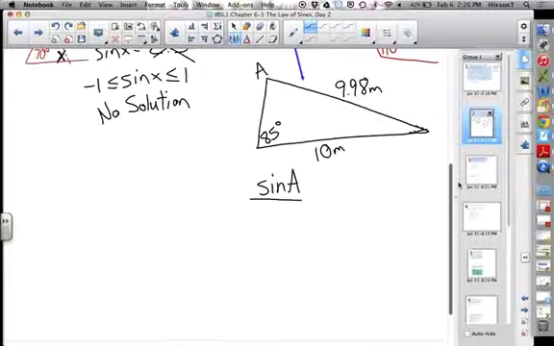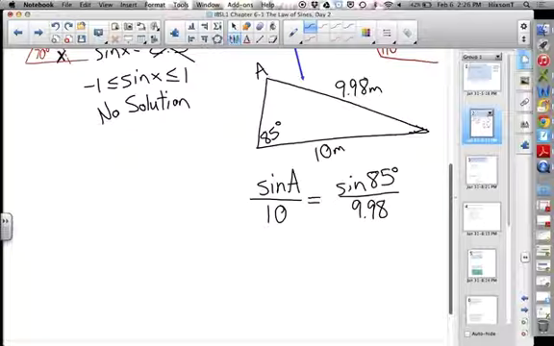And that's what hopefully we'll see here. So sine of A over 10 equals the sine of 85 over 9.98. So you see it's almost an isosceles triangle, right? So we know this angle is going to be a little bit bigger than 85 degrees.